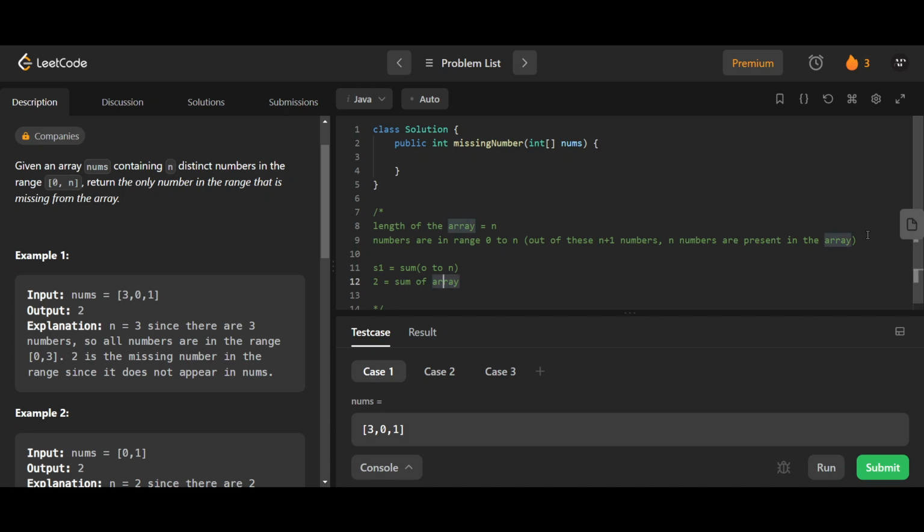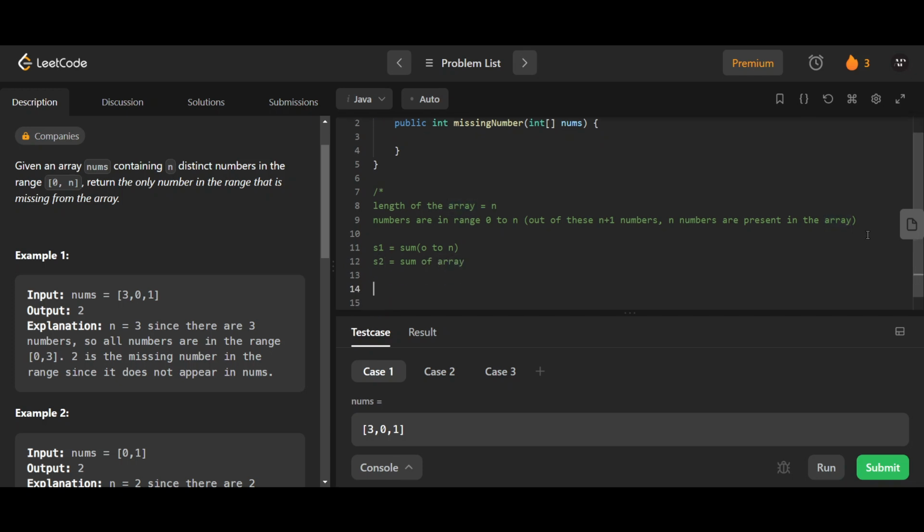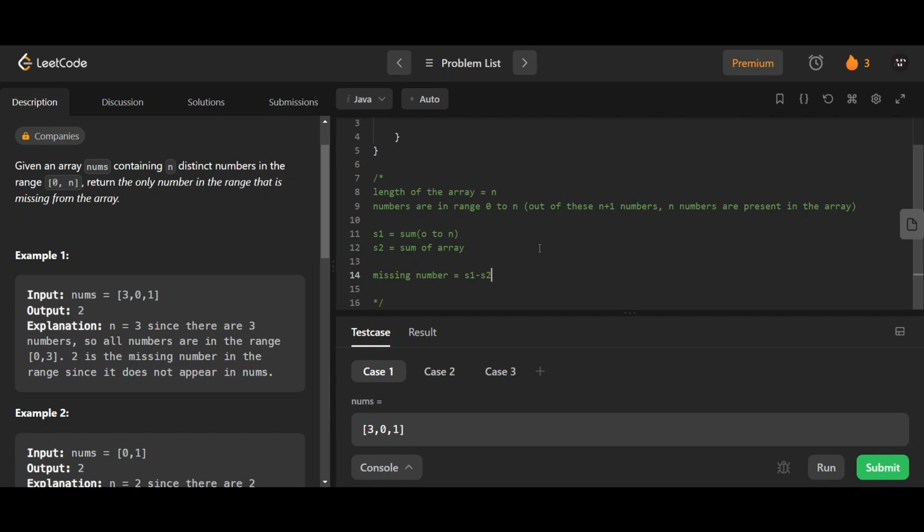Then the missing number equals s1 minus s2. How about that? This is O(n) in time and O(1) in space.